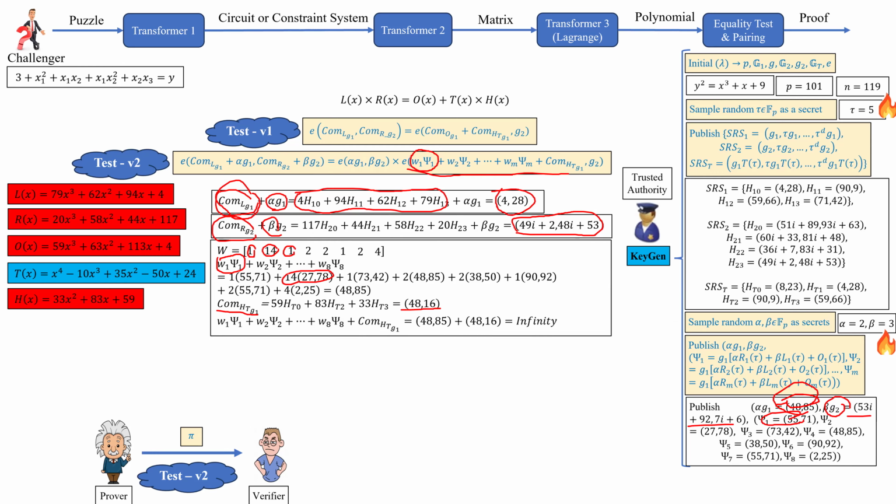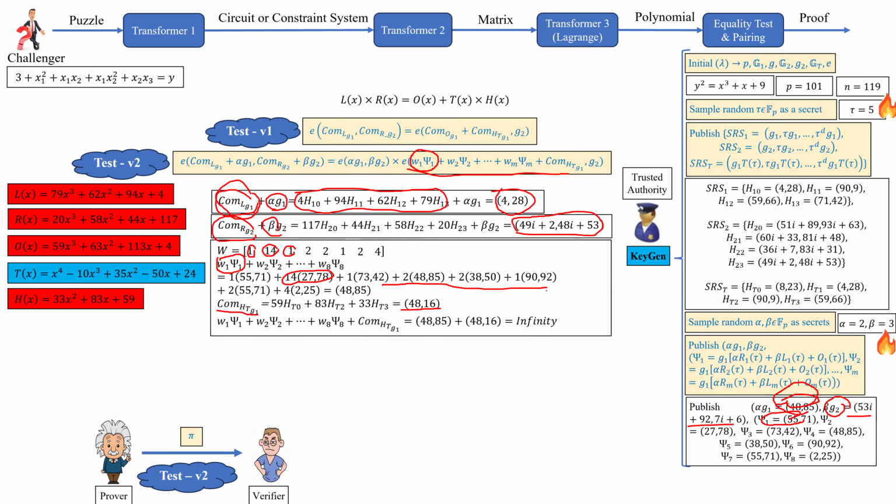So how can we compute 14 multiplied by 27 and 78? Using our website. You can use the scalar multiplication part in our website and compute these values. After you compute all of these multiplications, you will have 4 points in group G1, right?